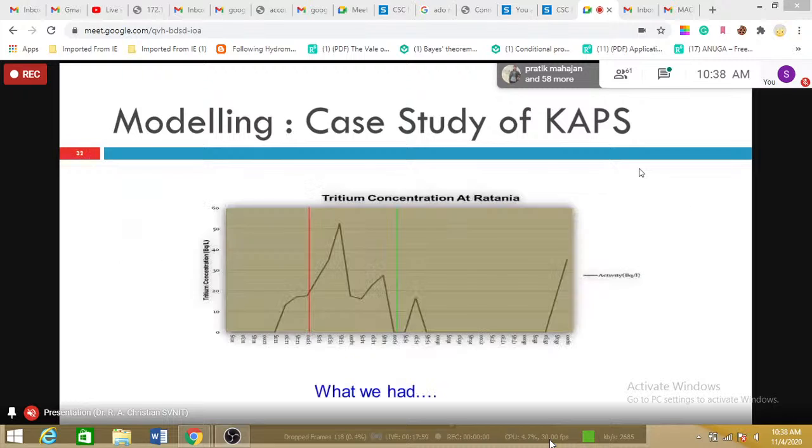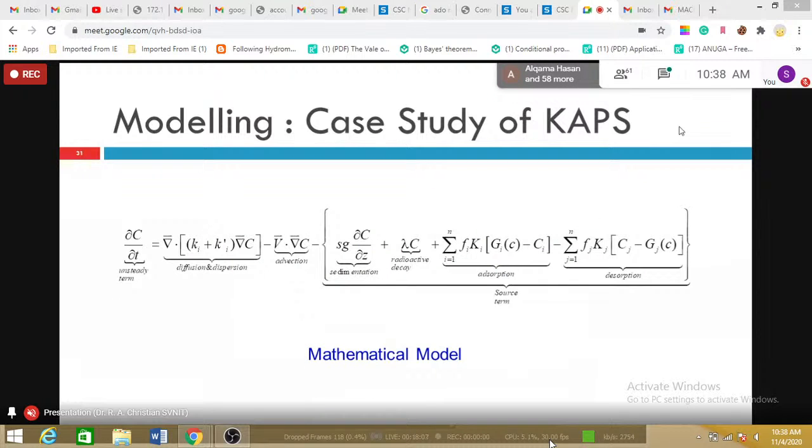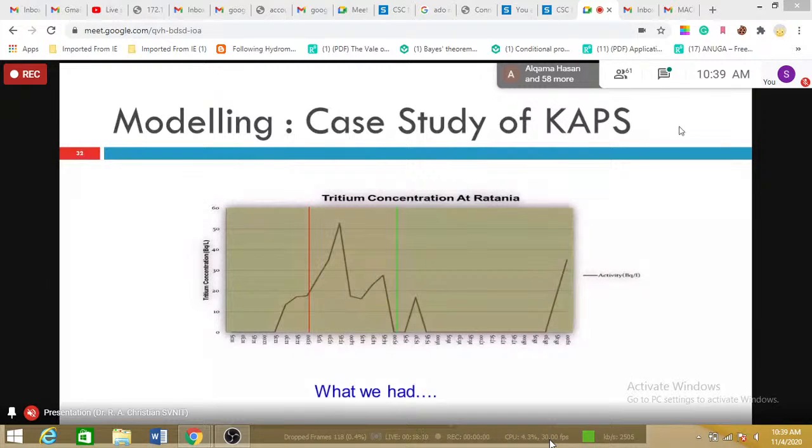Now, what happens here is that we had a lot of database available. What we had on hand was the complete time-based concentration profile. Once the discharge was started, we were interested in tritium concentration. Of course, later on, after tritium, you could apply to any other radionuclide also if the data is available.